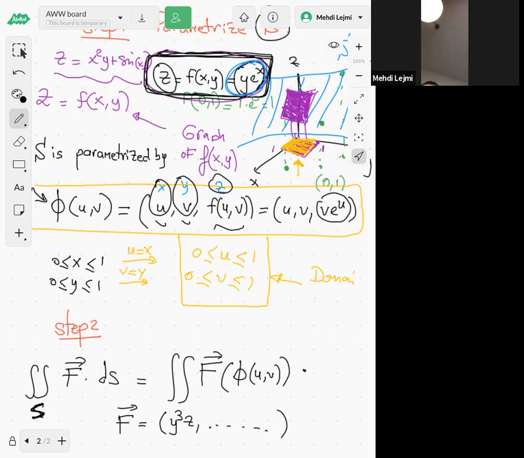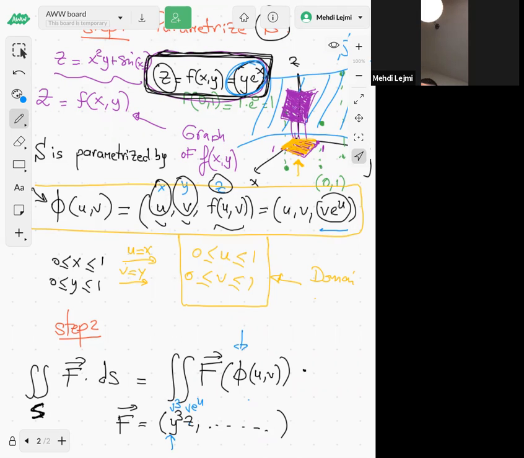So y must be equal to v, so this would be v cubed, and z is v e to the u, etc. So you replace x, y, z in terms of u and v. That's what we do here.